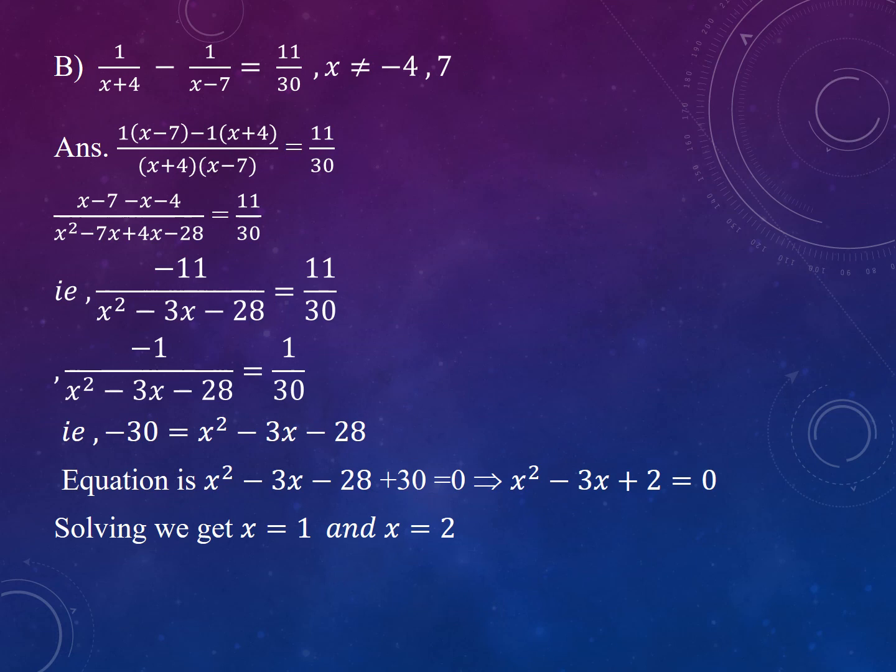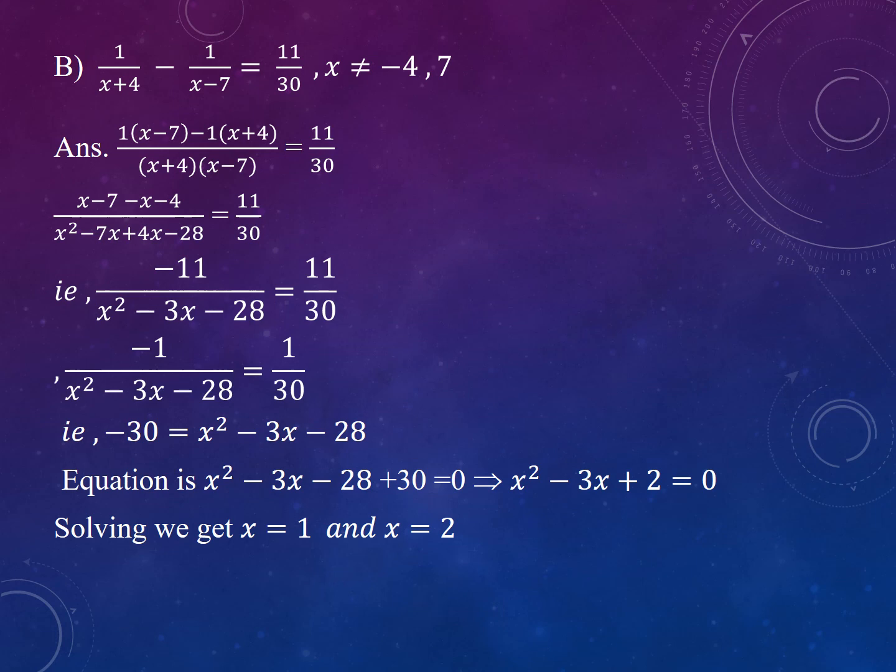Opening the brackets in the numerator, it will be x minus 7 minus x minus 4. By multiplying the denominators, we have x square minus 7x plus 4x minus 28 equal to 11 by 30.